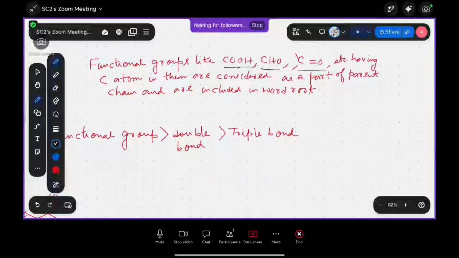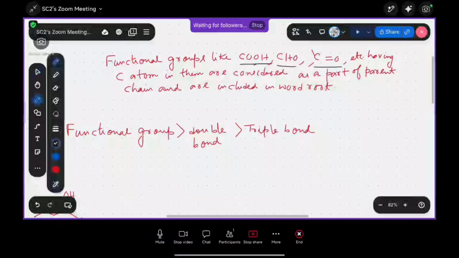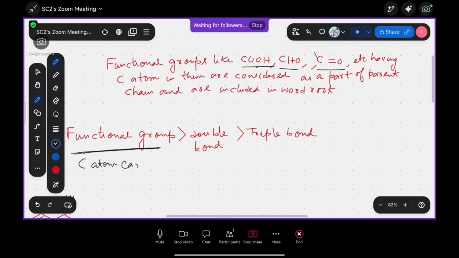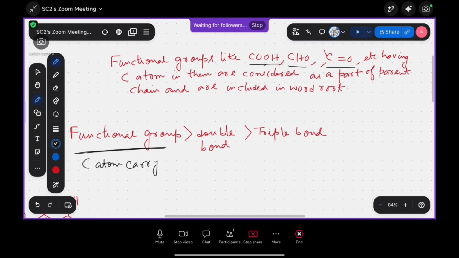And remember this sequence, this is very important. Functional group gets more importance than double bond, and triple bond gets the least importance. Any carbon atom carrying the functional group will be given the lower locant.